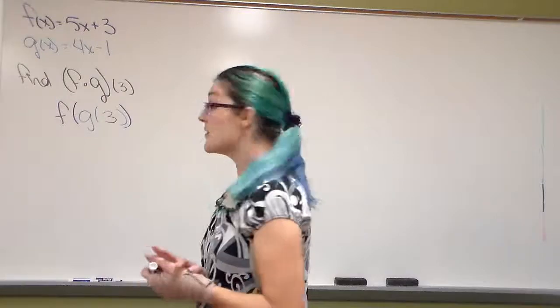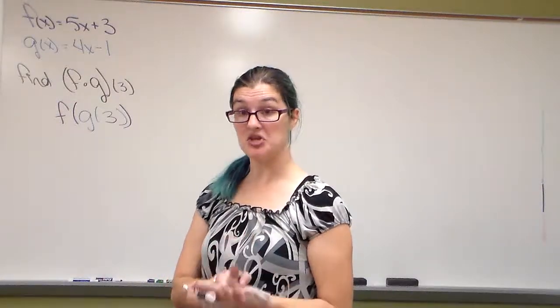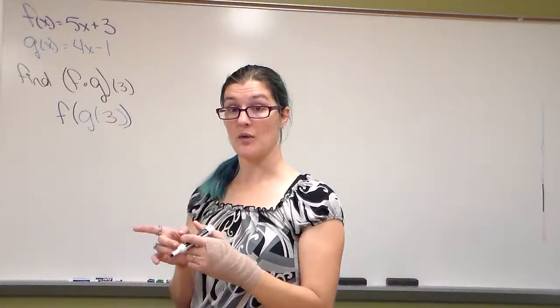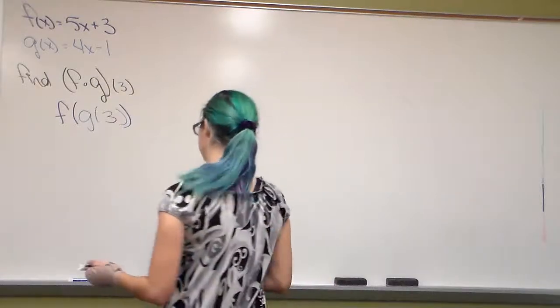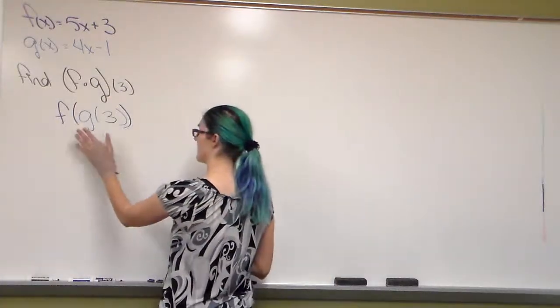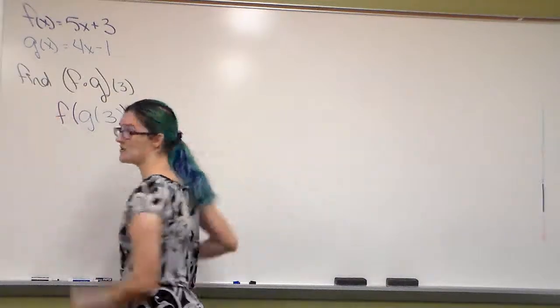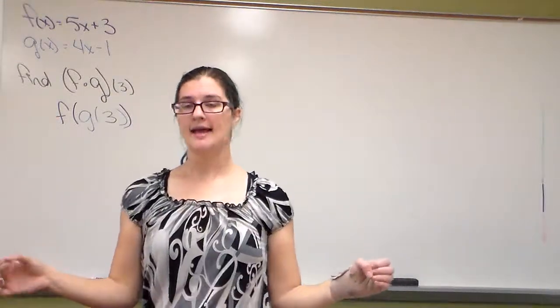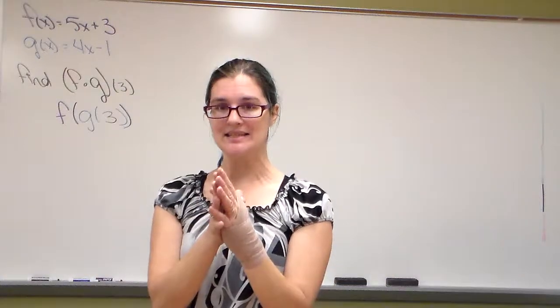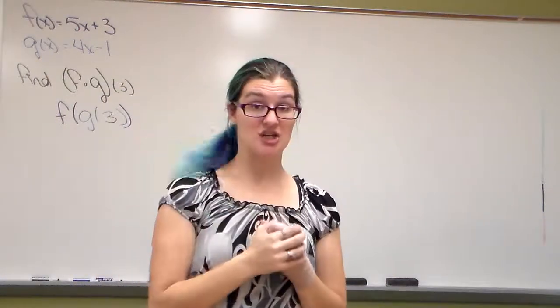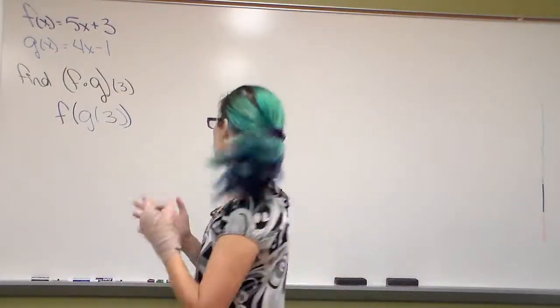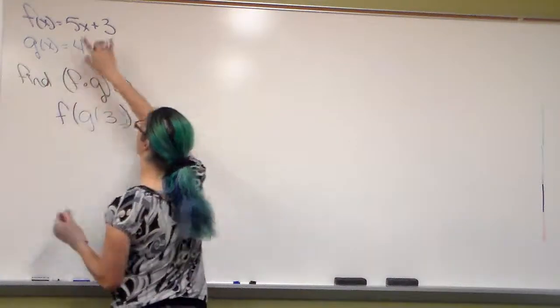And so there's multiple ways you can do this. Again, I'm going to start with one way and then I'll do a second way after it. Okay. So f of g of 3. What that means is we're starting with the outside with the f. And wherever there's an x, we're going to put the g. Okay? So I'm going to start with the f.